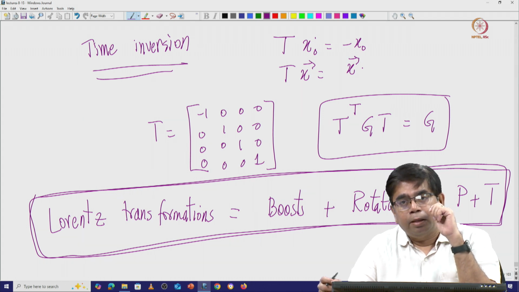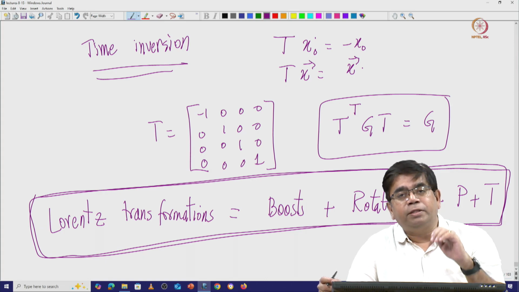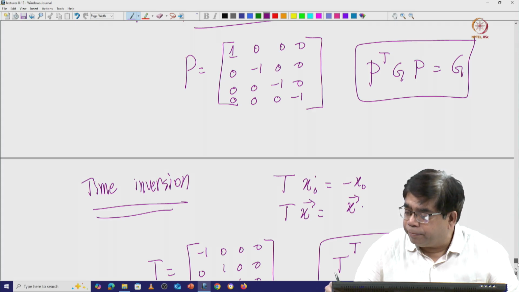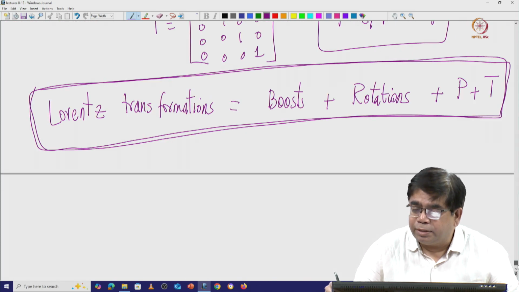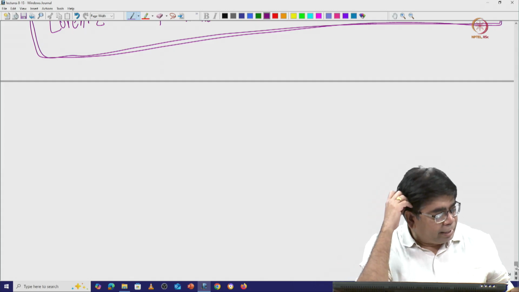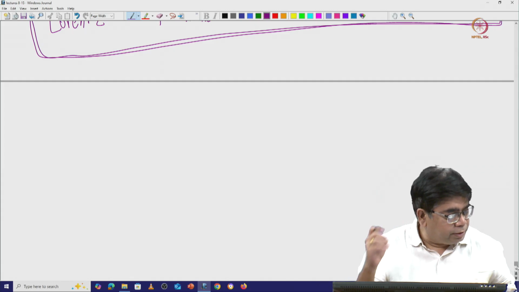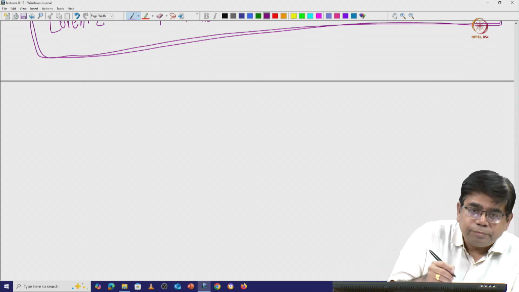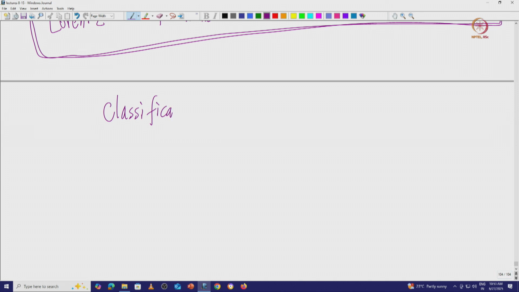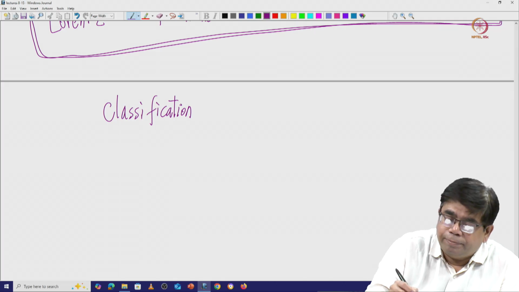Only a particular class of Lorentz transformations is extremely important. So what is this classification of Lorentz transformations? I'll come back to what is important. I may use some technical words, but we will see.